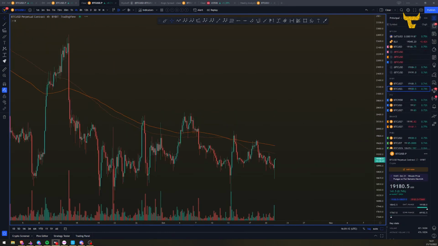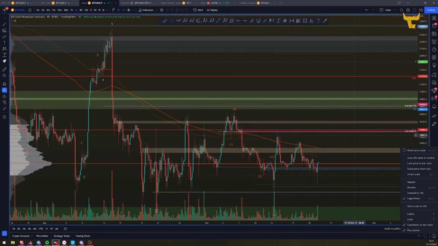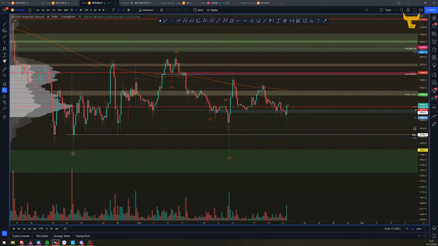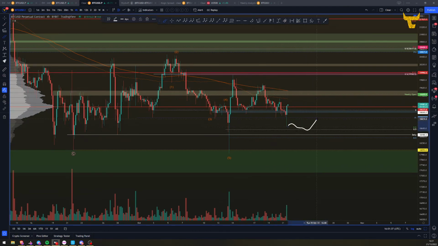You know, what has been the bias here? Well, simply it was to look for an ABC move, so that's what we got. I was looking for the lower liquidity to be tested around 18,600, potentially down to 18,400. I would have preferred to have a longer accumulation to really position on a range position.